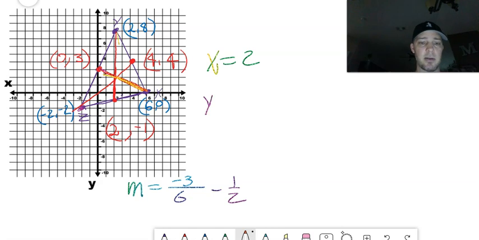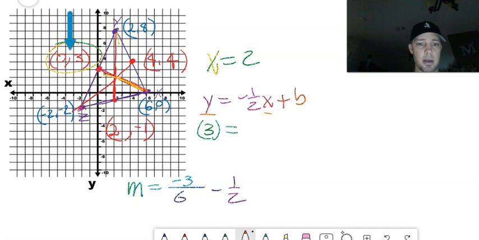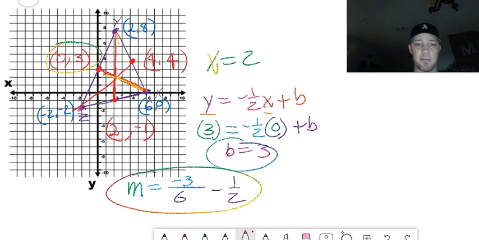Now I can plug in y equals negative 1/2 x plus b. If I plug in a y and an x coordinate, I can solve for b. Let's make y equals 3 and x equals 0. Then b is going to equal 3, because that cancels out, so you just get b equals 3. So we do have our slope and our y-intercept for the other equation. Our other equation is y equals negative 1/2 x plus 3.